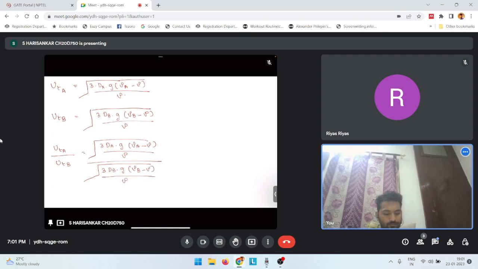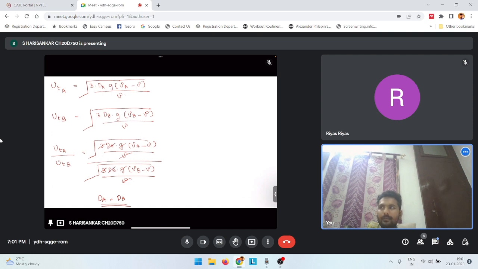So here both these denominators rho will get cancelled. The constant 3 and G will get cancelled, and dA and dB will also get cancelled because dA is equal to dB here, because A and B are identical in size.